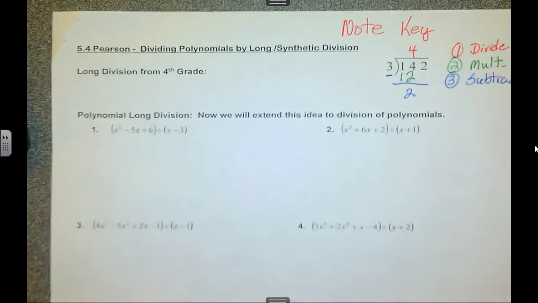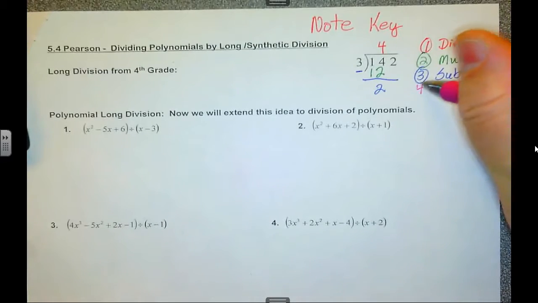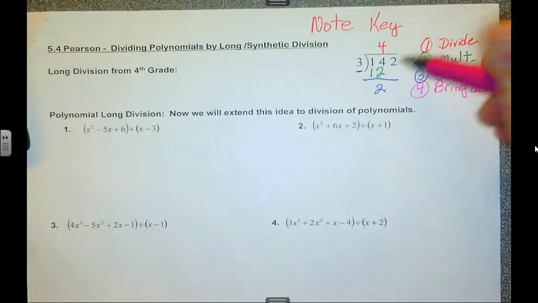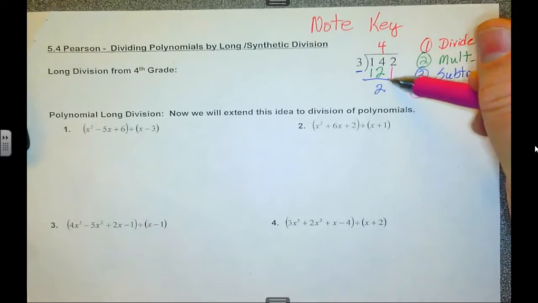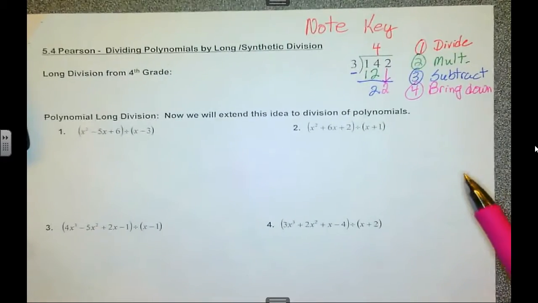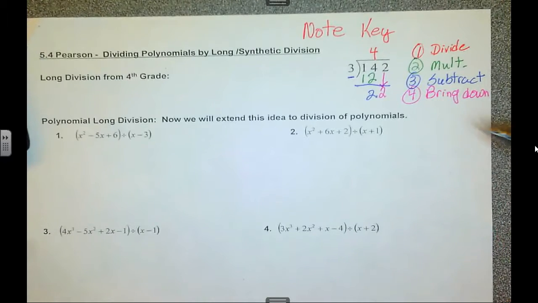Bring down. Bring down the 2. And then what do you do? Start the process all over again. Good.